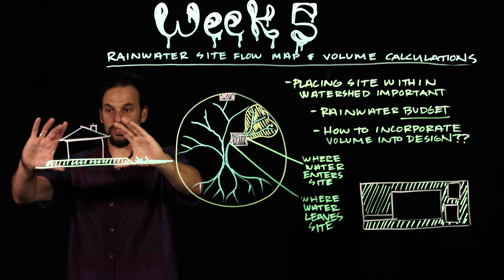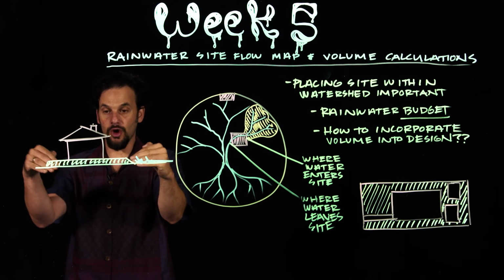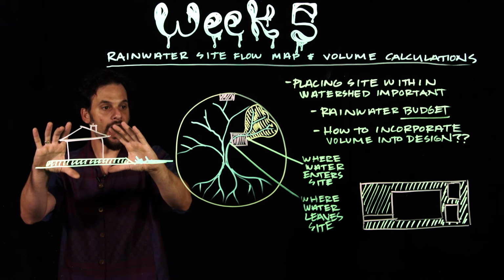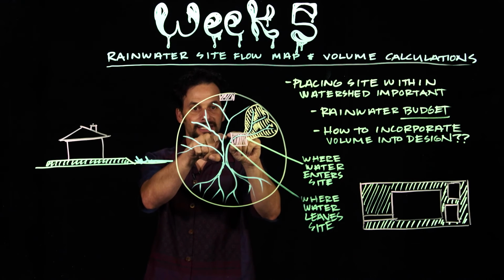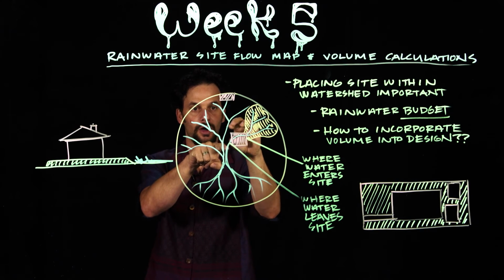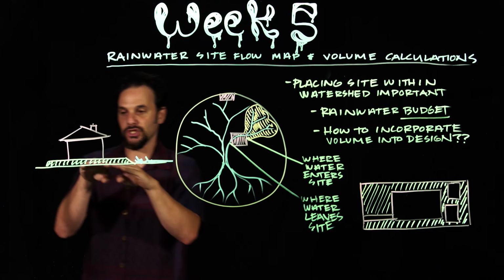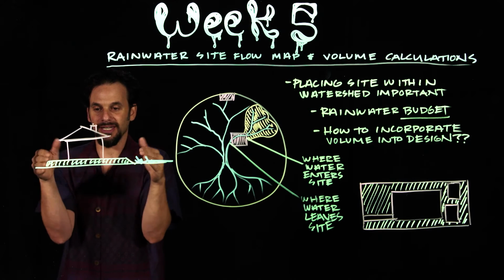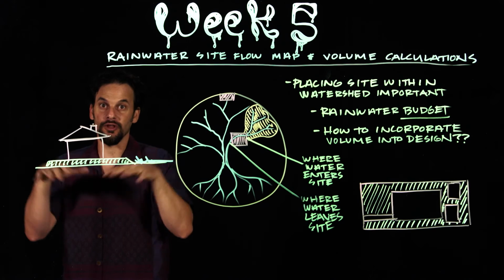So you may find a situation like this where you have no water flowing onto your site, even though when you take that lot, you find that it is in a position in the watershed where water is flowing through. But essentially, by building a pad, they have constructed an island with which water flows around.